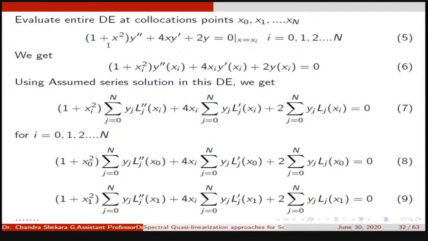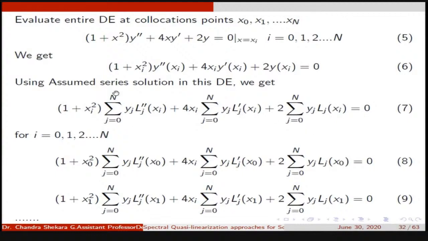Then you evaluate this differential equation about those collocation points. I'll just replace x by xi. Then we get the differential equation about each collocation point. Then you substitute that solution, whatever solution we assumed in terms of Lagrange's polynomials. If I substitute that, this becomes summation yj into lj double dash, and this becomes 4xi into yj times l dash, and so on.